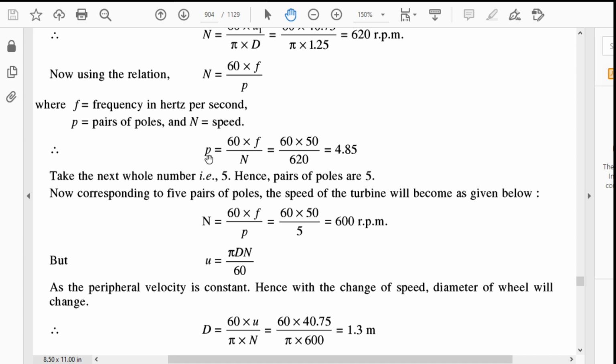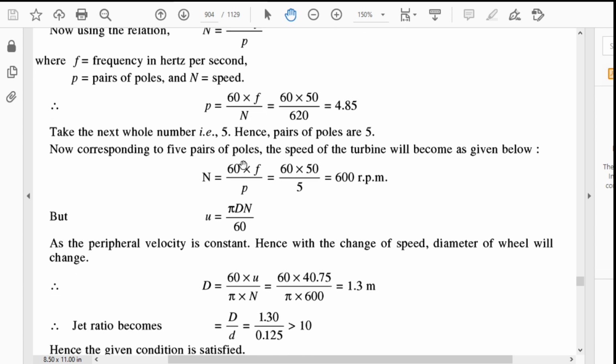So the pair of poles p can be calculated by 60 f upon n. Here frequency is known and also the speed is known. So the pair of poles, p, will be 4.85. Now 4.85 is nearly equal to 5. Let's take this as a whole number.